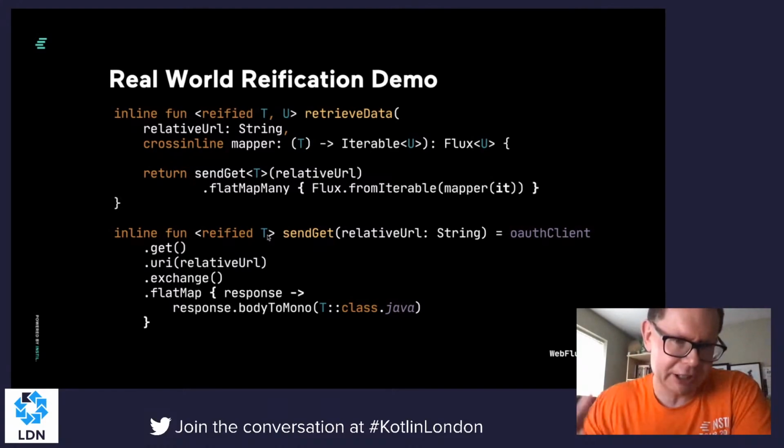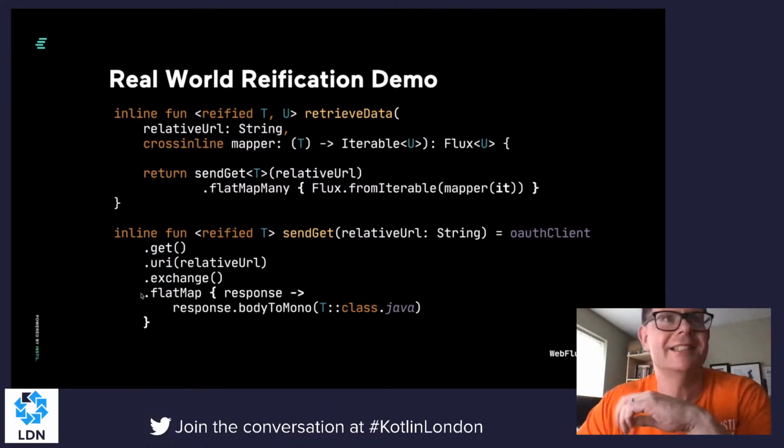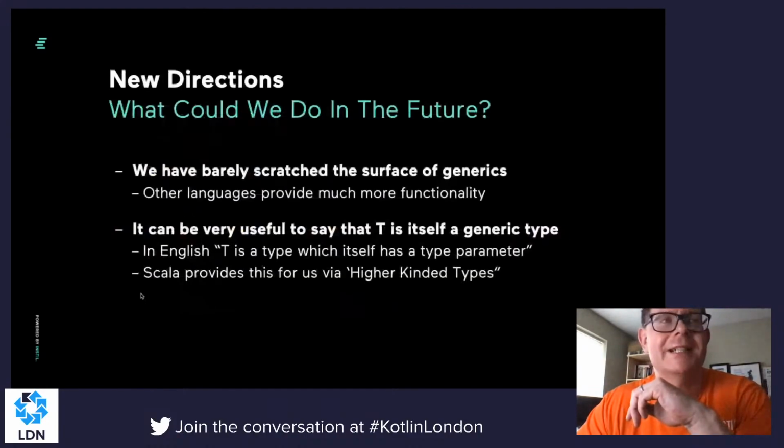For each customer in the JSON document, I want to create a new customer object. For each order, I want to create an order object, and so on. So in general, I want to create a whole bunch of new Ts. I wouldn't be able to write this code generically unless I had reification available to me. So I can declare T as being a reified type, and then I can inline it. This is the way that you'll use reification all the time in your day-to-day coding.